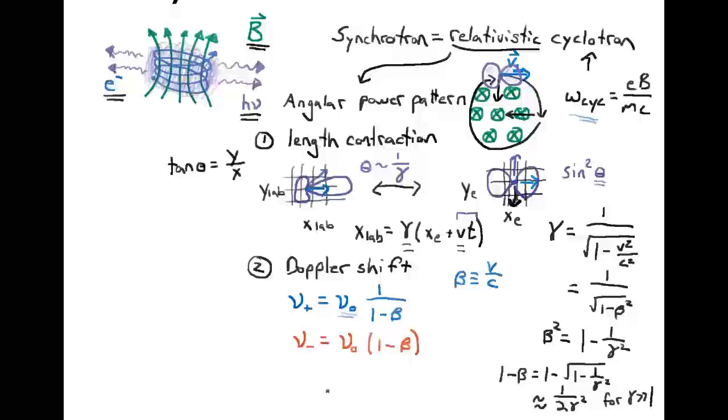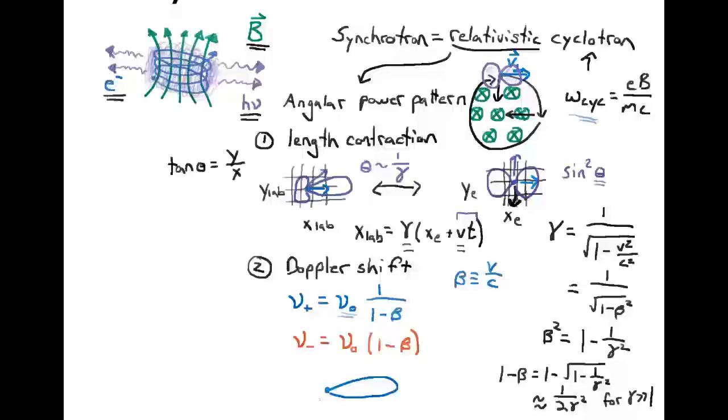So the upshot of all of this is, if this is our electron here, the forward-going lobe receives a gamma squared boost to its rest frequency, which means in terms of energy, it gets a gamma squared boost in energy. So if we're drawing the power radiated off as a function of angle, this makes the forward-going lobe carry even more power.